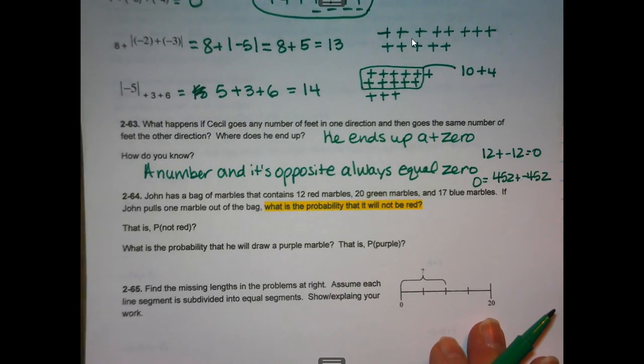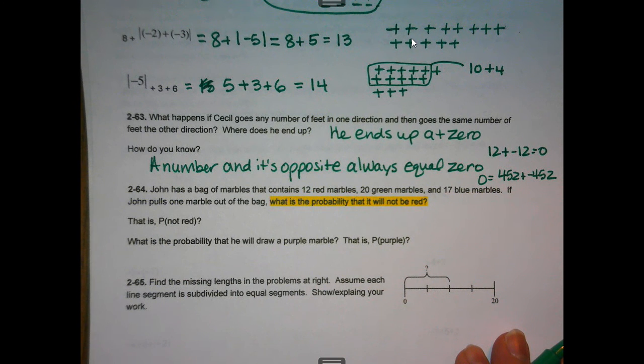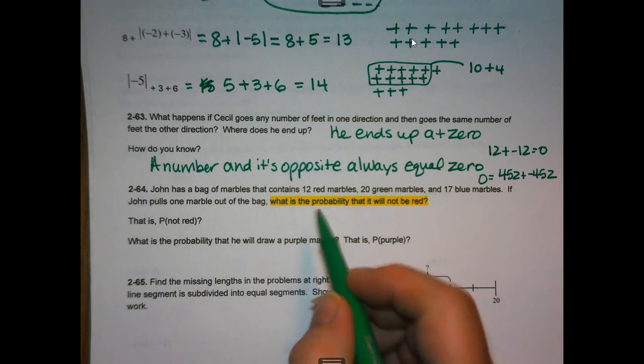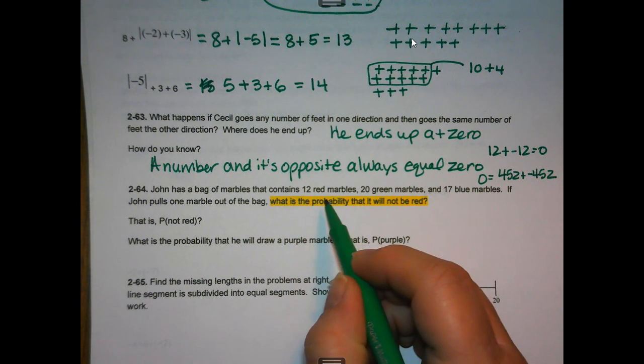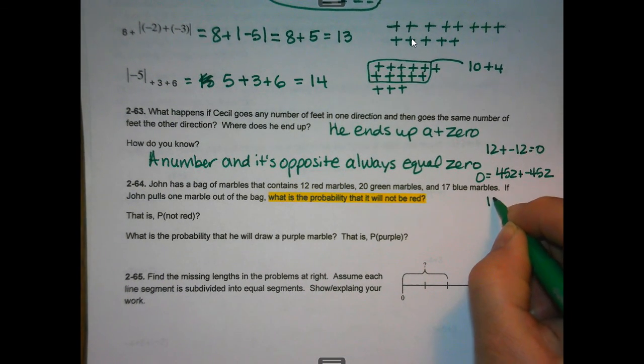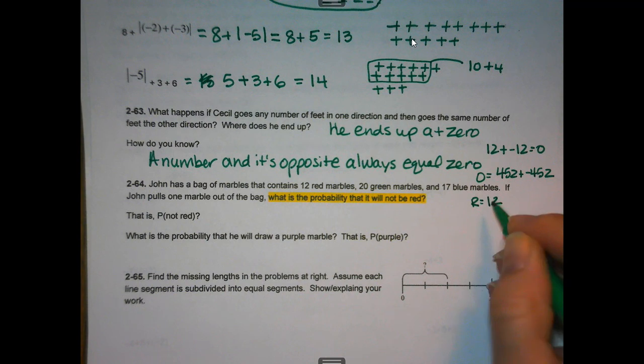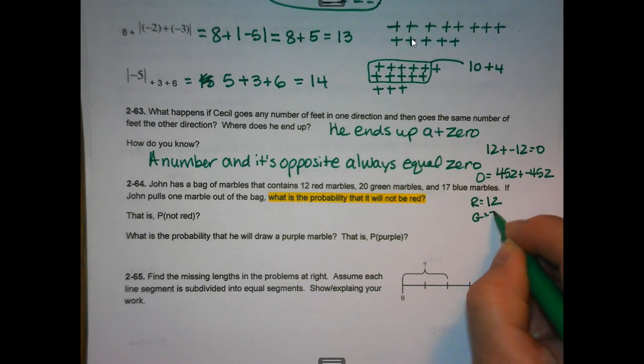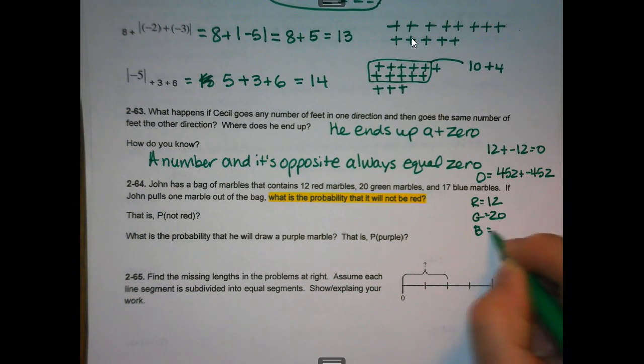And moving on to 264, John has a bag of marbles that contains 12 red marbles, 20 green marbles, and 17 blue marbles. If John pulls one marble out of the bag, what's the probability that it will not be red? I need to figure out how many marbles I have altogether. So I'm going to write 12, and green are 20, and blue equals 17.